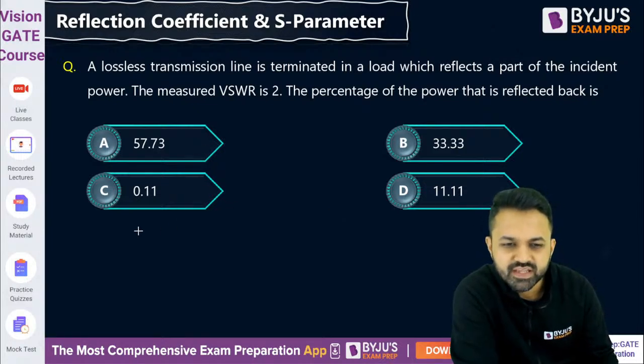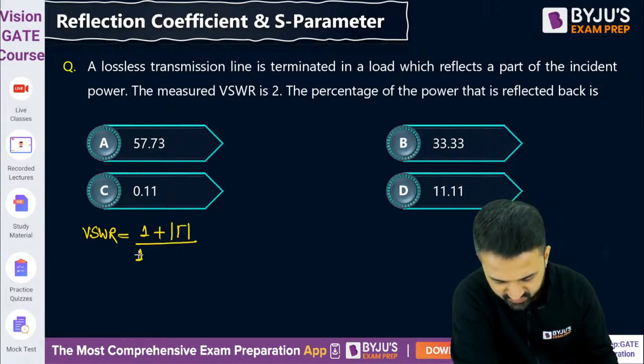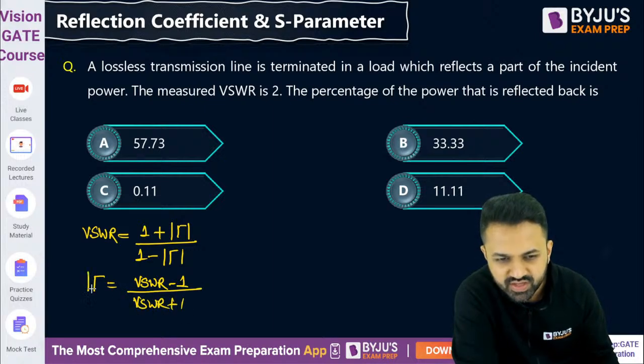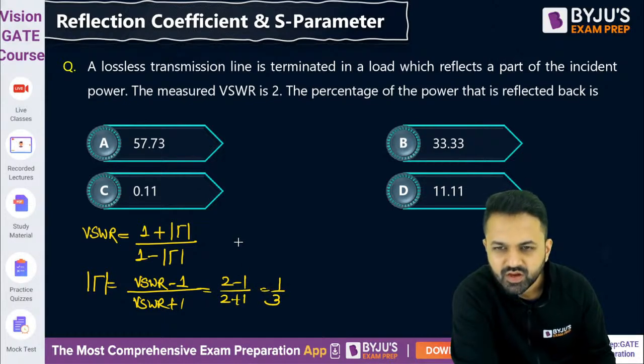Okay, so we know that the VSWR is related to gamma as 1 plus magnitude of gamma divided by 1 minus magnitude of gamma. So from here we can write that magnitude of gamma is VSWR minus 1 divided by VSWR plus 1. So it is 2 minus 1 divided by 2 plus 1, which is 1 by 3.